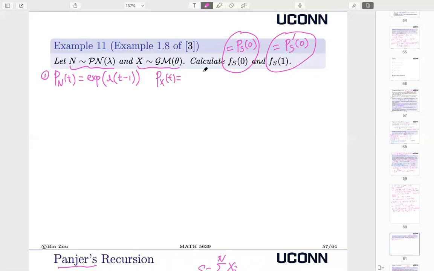The result is theta divided by 1 minus (1 minus theta) times t. Obviously t cannot be 1 over 1 minus theta, otherwise you are dividing by 0. But usually we are on the application side, so we are not always 100% rigorous.